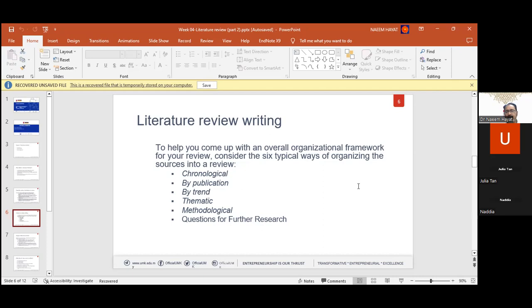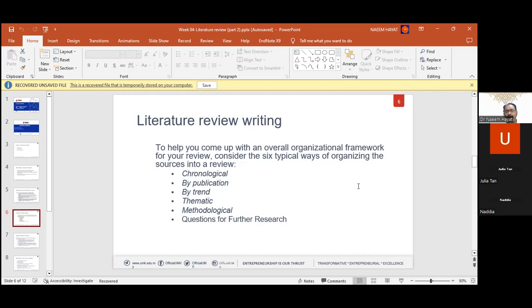One way is date-wise, or chronological, then by publication, and then the trends, the topic and subtopics that emerge from a certain research area. Then the thematic, which are the major themes discussed in the literature and what future themes may come across.